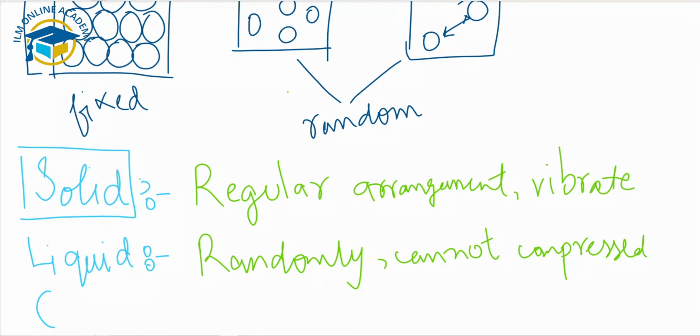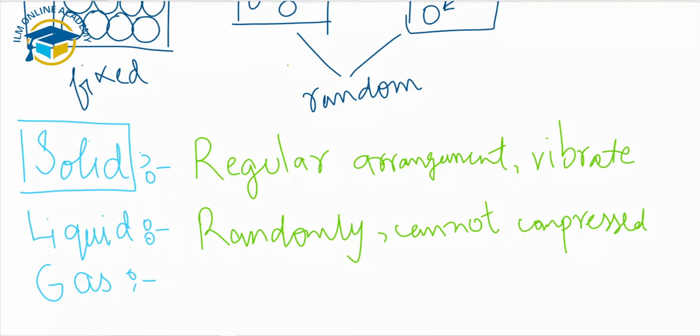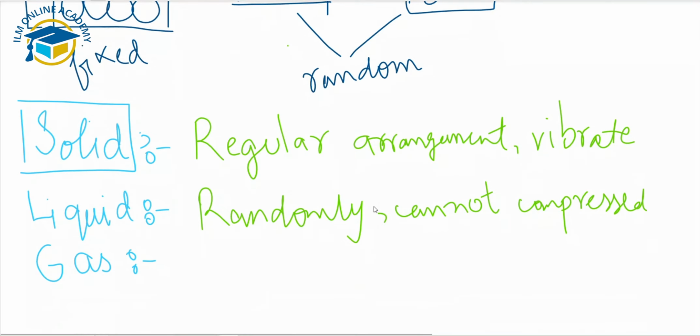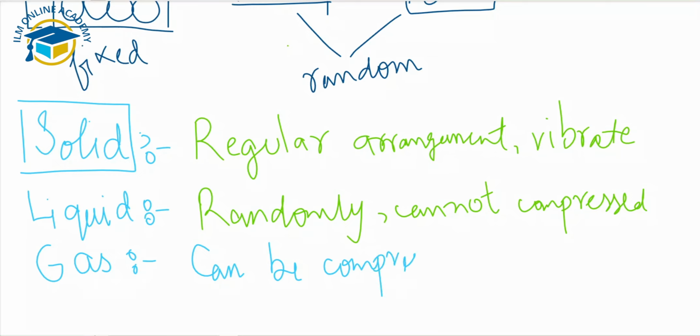Next, the third state of matter, that is the gases. In case of gases, particles are arranged randomly and they have the most energy. That's why the particles in the gas are relatively spread out, as you can see in the structure of the arrangement of the particles, and they spread out more and move randomly in all directions, and they can be compressed.